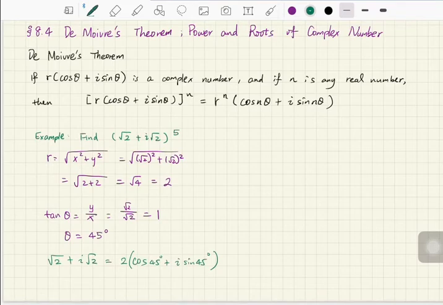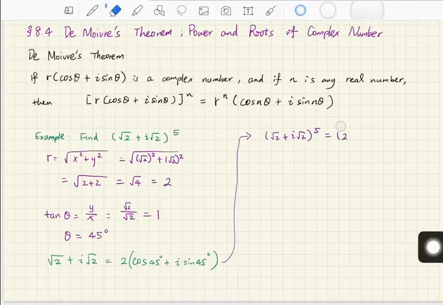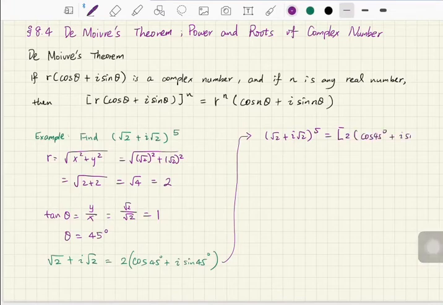Now we're going to find the fifth power. To find the fifth power, it's the same as raising 2 cosine of 45 plus i sine of 45 to the fifth power.